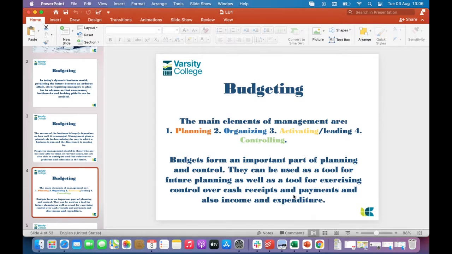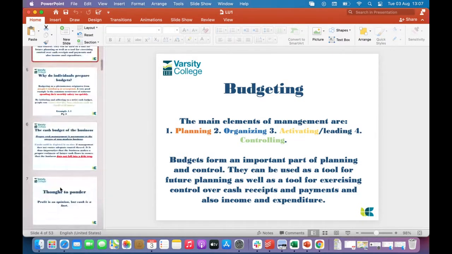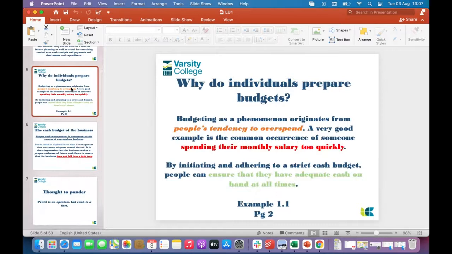They can be used as a tool for future planning as well as a tool for exercising control over cash receipts and payments, and also income and expenditure. We'll see some of that today as we touch on a few exercises.